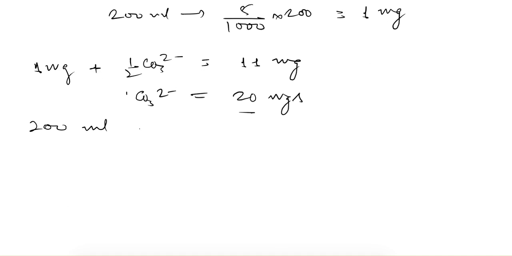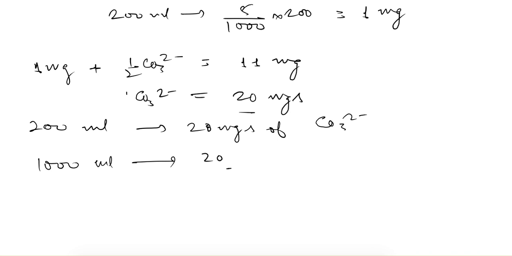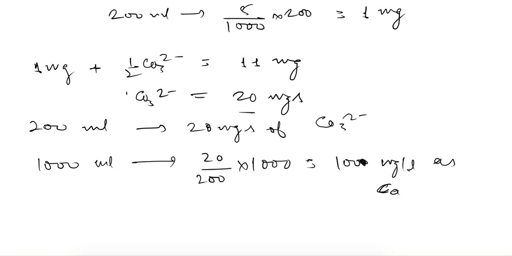In 200 ml we have 20 milligrams of CO3 2 minus. So for 1000 ml we'll have 20 by 200 into 1000, that is equal to 100 milligram per liter as CaCO3, and that is the concentration for carbonate ions.